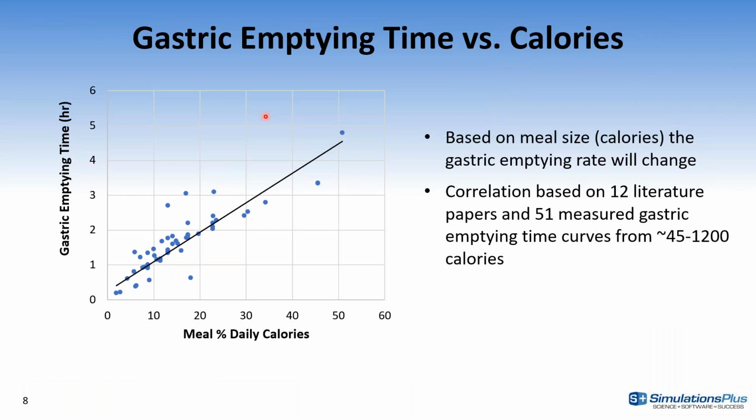This is information combining information from number of papers. It's 12 different papers showing measured number of different gastric emptying times based on the number of calories in the meal. So combining all that information together, we were able to come up with a linear function to estimate the gastric emptying time based on the calories.